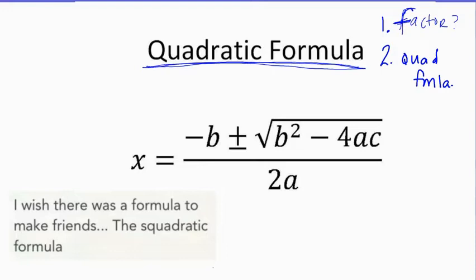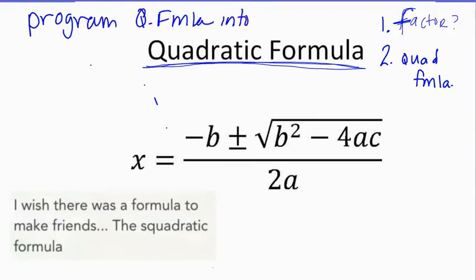Also, if you have a TI-83 or 84 calculator, you can program the formula into your calculator, or whatever calculator you have. That's something I usually let my kids do, is program it, because if you put in all the work to program it, I'm totally fine with you using it.